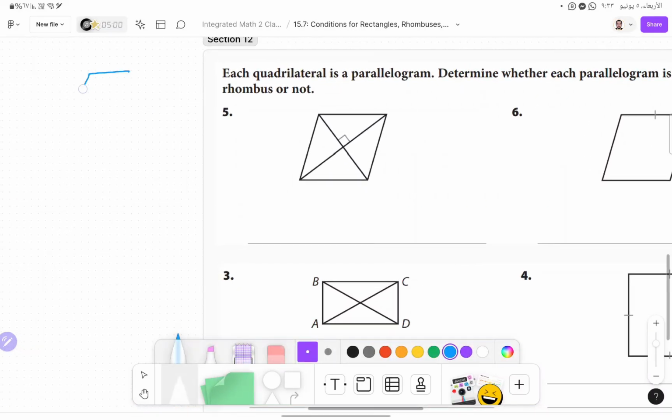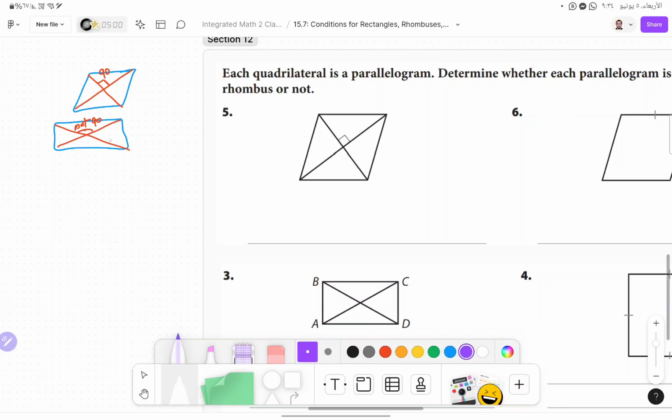You know that in a rhombus, the diagonals bisect each other and they meet at 90 degrees. But for the rectangle, if you look at the diagonals, this one is not 90. And what else?